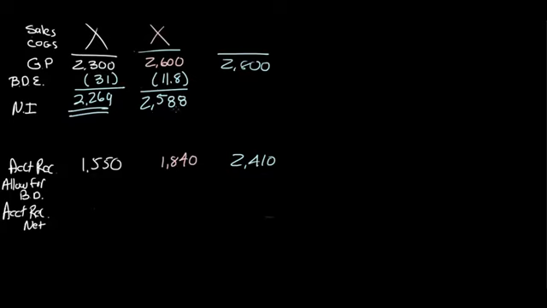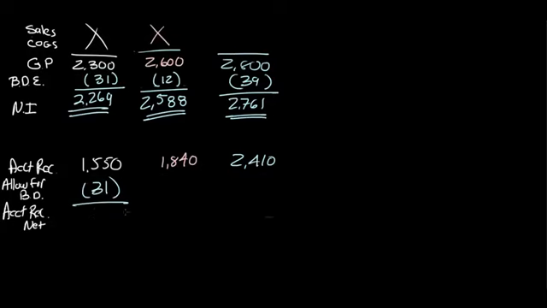Let's just round it. Let's make this 12, because I can do that math. And let's round this one too. Let's make this one 39 so I can do the math. And let's just say it's 2,761.